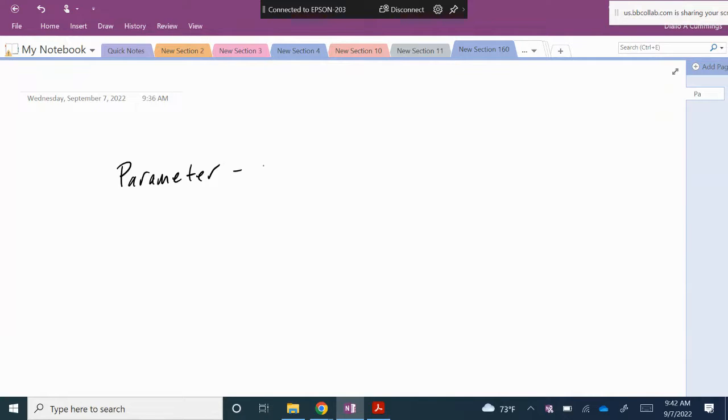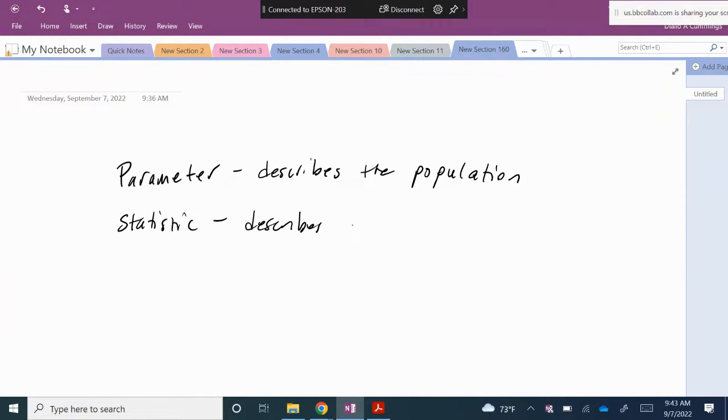So a parameter describes the population. Okay, that's a piece of data about a population. And a statistic describes a sample, which is a subset of the population, which should be representative of the population.